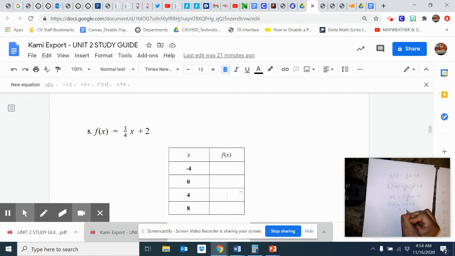And this is -1. So we would put -1 here. That's what I'm going to type in here so you guys can see that. If I put 0, remember, f of 0, anything times 0 will be 0. So 0 plus 2 is 2.